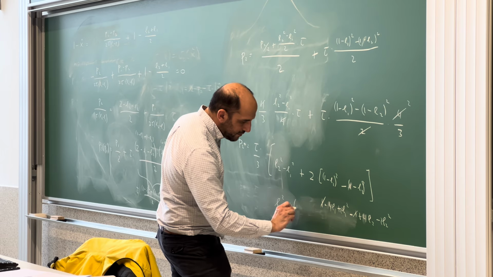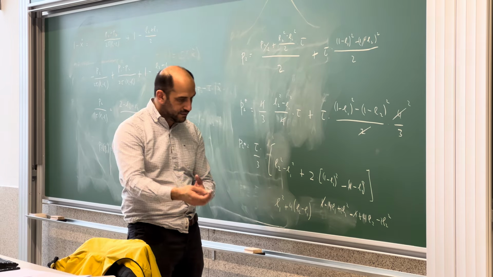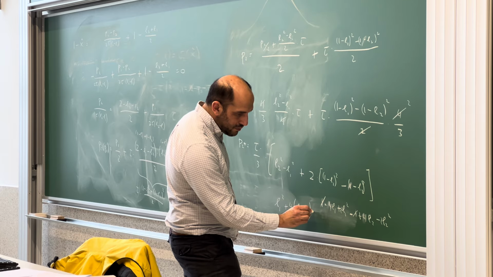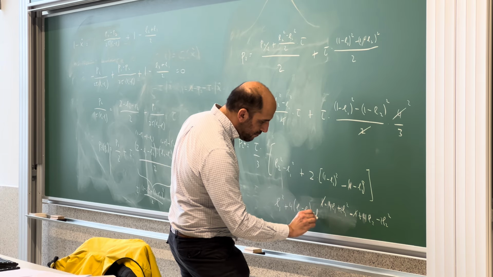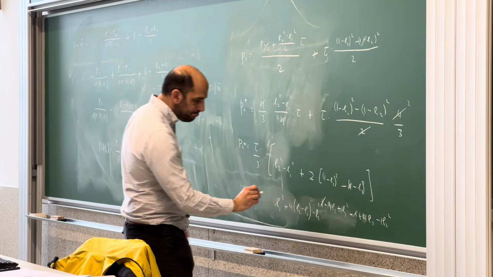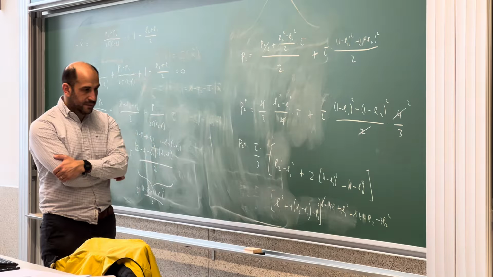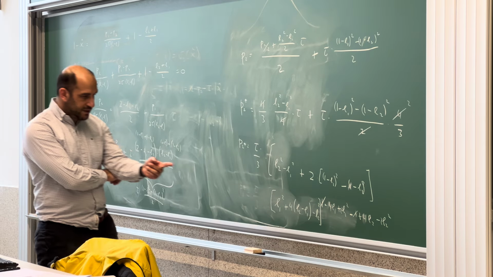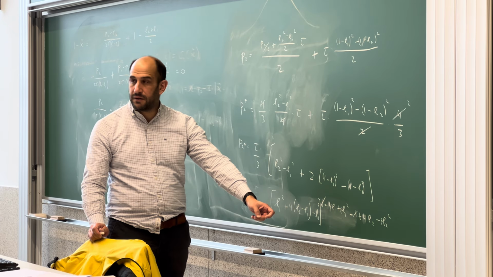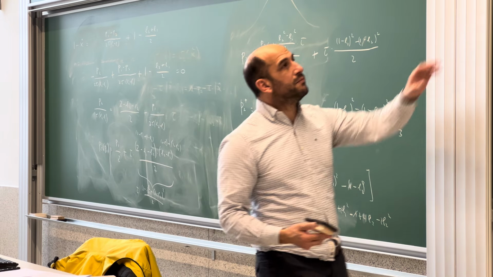In general, as a convention, I'm going to think of L2 as the one that's above L1. So now it's L1 squared minus L2 squared plus 4 times L2 minus L1. Let's see if we can simplify that even more.